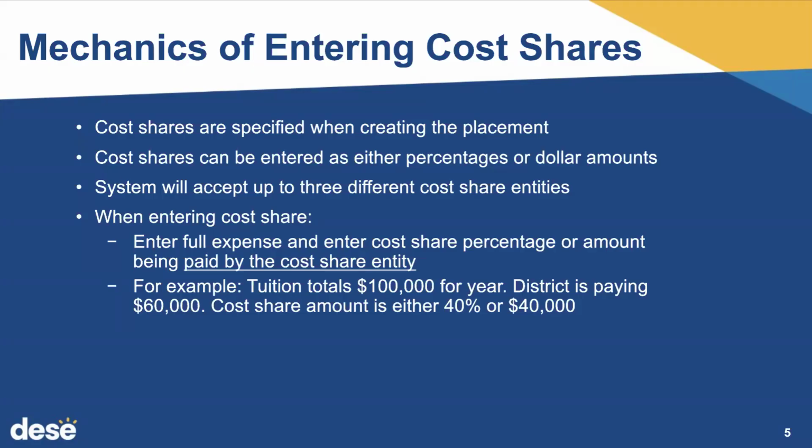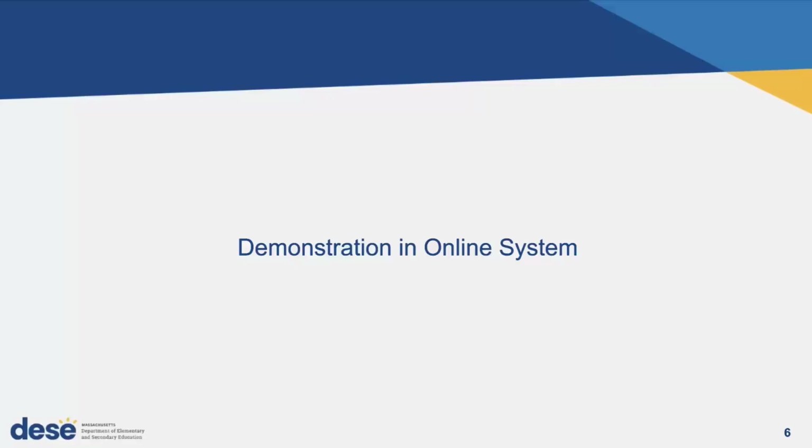So you're entering the total of $100,000 to get the system to calculate your cost at $60,000. You're either entering a 40% cost share with another cost share entity, or you're entering the full cost of $40,000 that the other cost share entity is paying. Then the system will calculate the $60,000 for you.